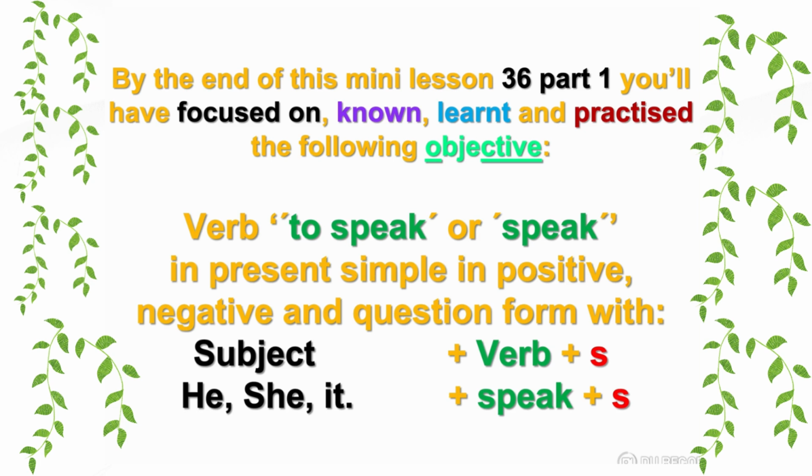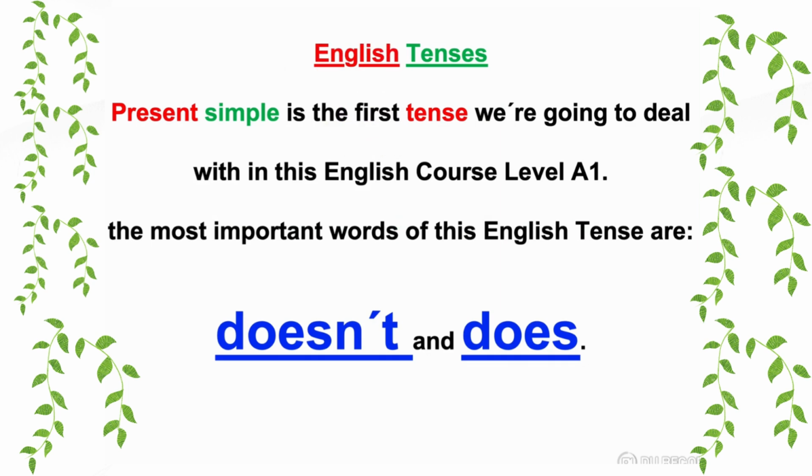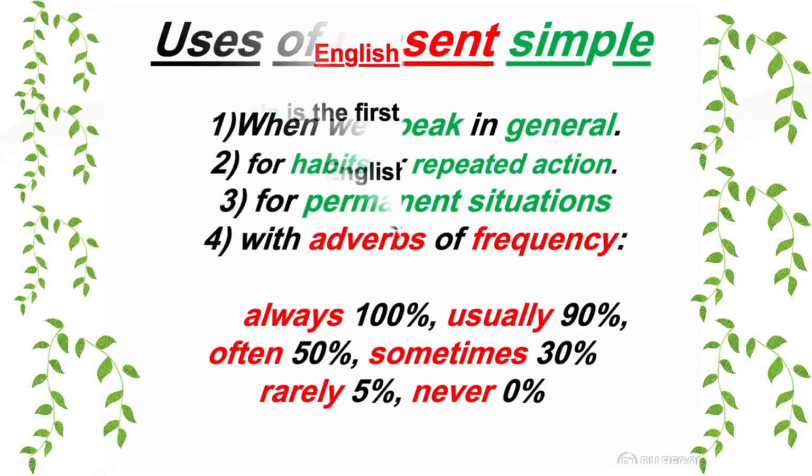Let's see. English tenses. Present simple is the first tense we're going to deal with in this English course level 1 A1. The most important words of this English tense are doesn't and does. Uses of present simple.